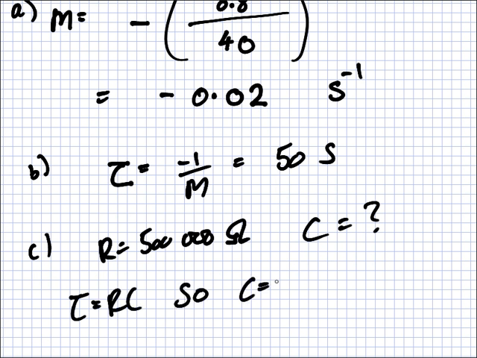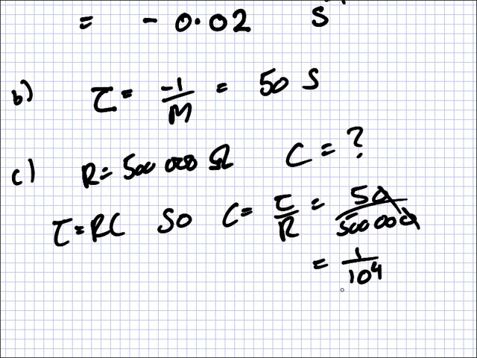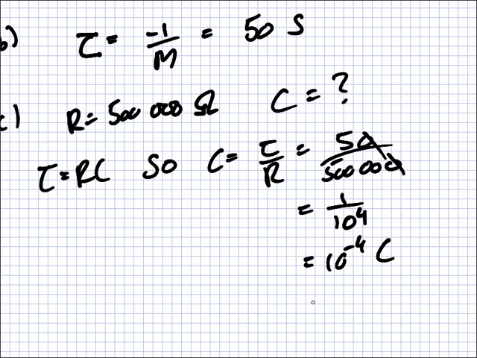So C equals tau over R, which is 50 over 500,000. That's 1 over 10,000, 10 to the minus 4. 10 to the minus 4 farads, which is 100 microfarads.